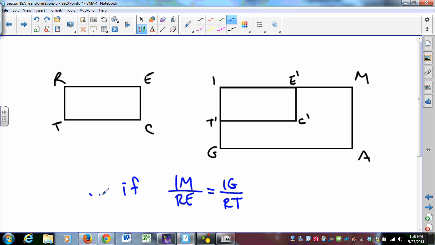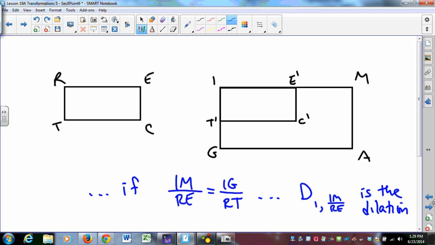If that's true, then the dilation centered at I with that factor is going to get this job done and map this rectangle onto that rectangle.